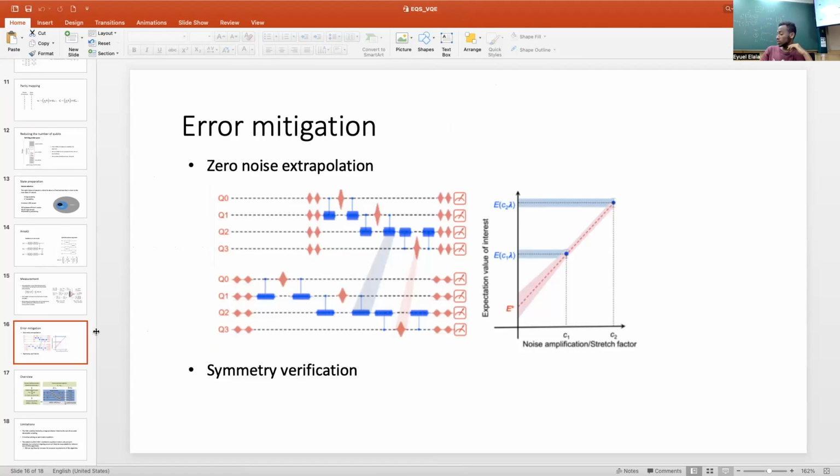Symmetry verification is, okay, so we might have a symmetry preserving ansatz, right? Let's say we start from the Hartree-Fock state, 0 1. If it's a symmetry preserving ansatz, then it preserves the number of ones in these states.